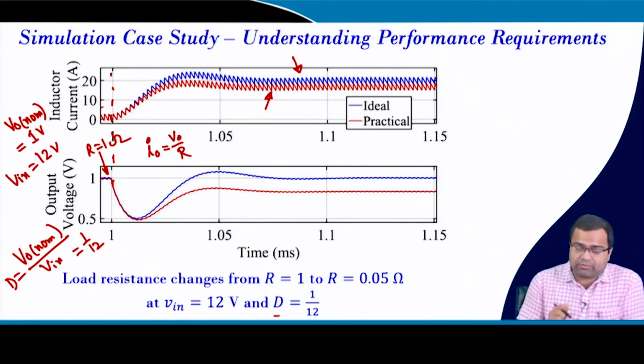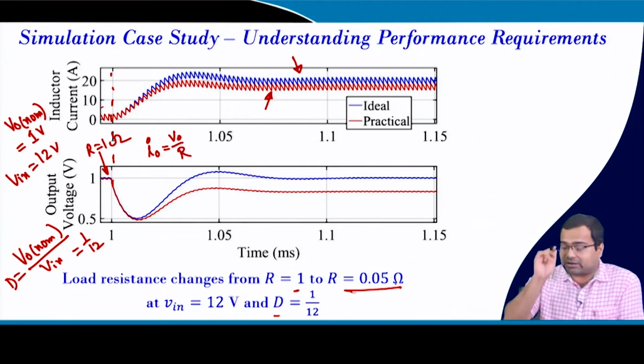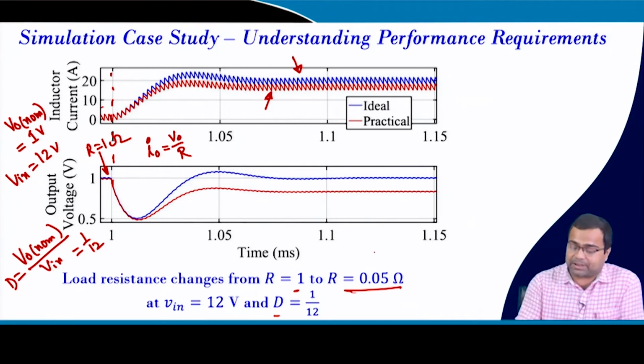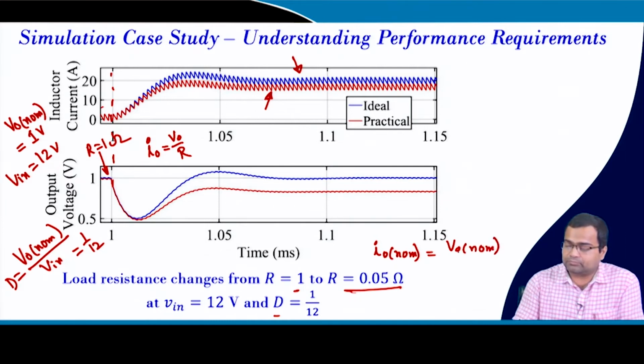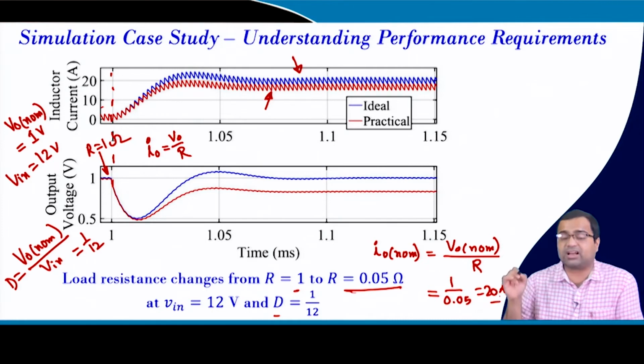But when we decrease the load resistance from 1 ohm to 0.05 ohm, our target load current was 20 ampere, that means we wanted to achieve I0 nominal equal to V0 nominal by R, which is nothing but 1 by 0.05, that is 20 ampere nominal current.